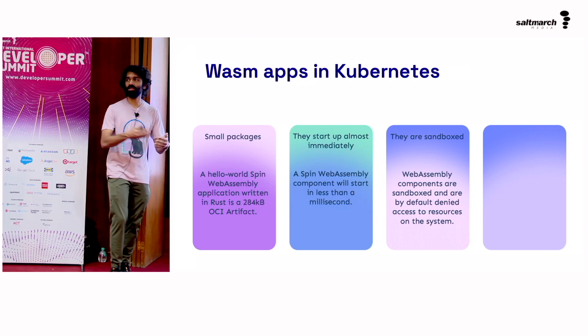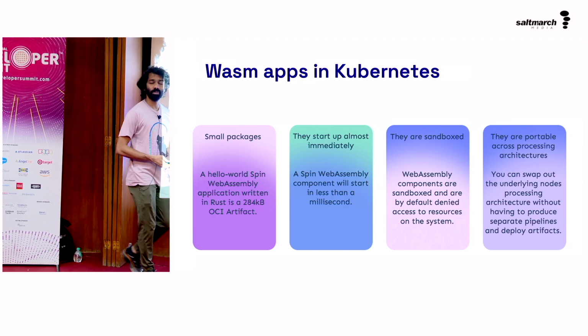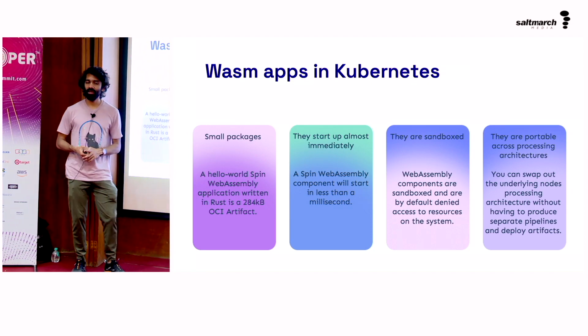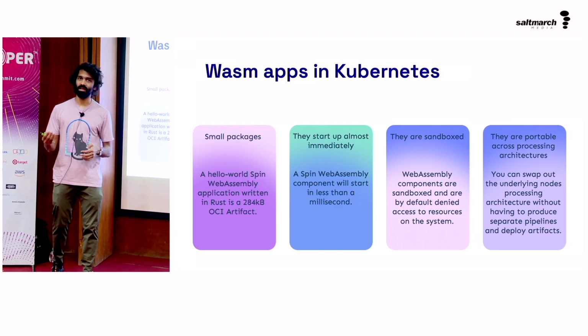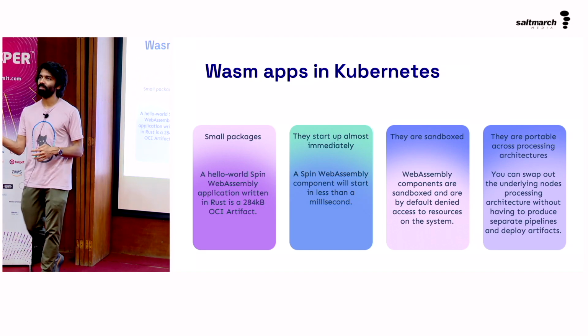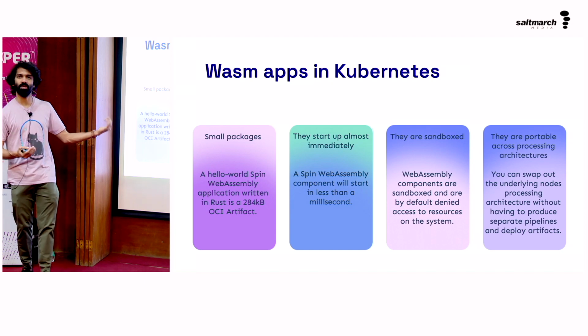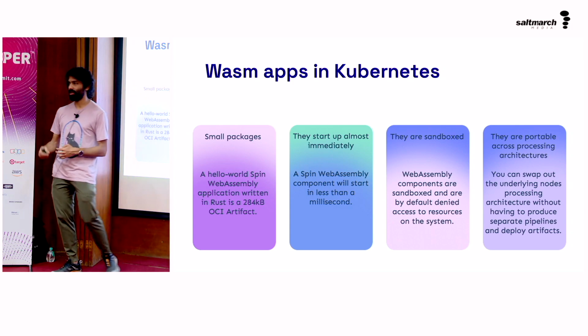They don't have access to the underlying system resources. And they're portable across architectures as well. Right? At the KubeCon keynote, Zeiss actually showed a demo where they swapped out the underlying architecture from x86 to ARM, and the thing still worked because they were using WebAssembly, right? Because it doesn't matter, it's cross-platform and cross-architecture.